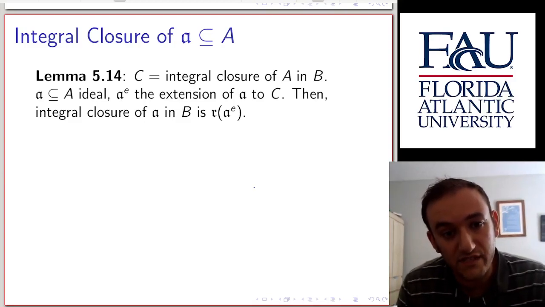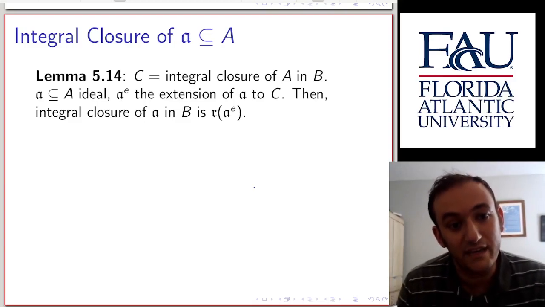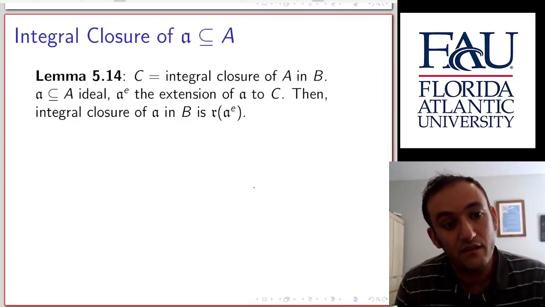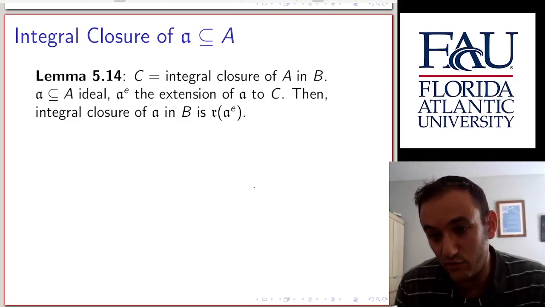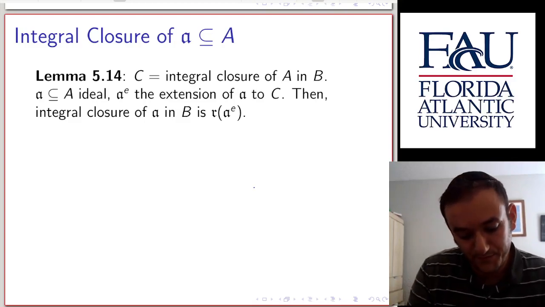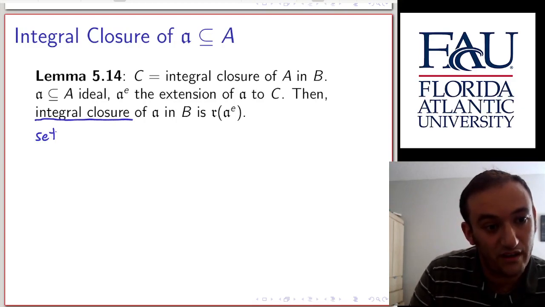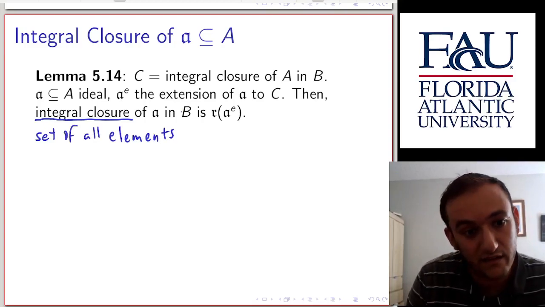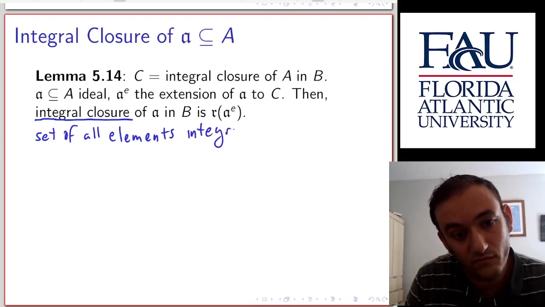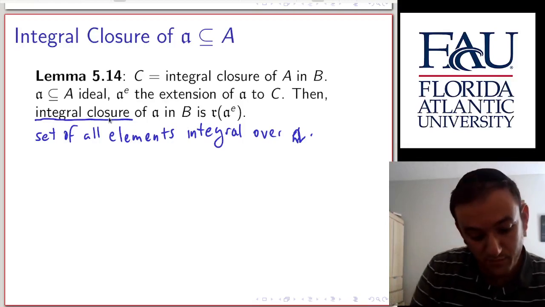So we say that if C is equal to the integral closure of A in B, and A is an ideal, where AE is the extension of A to C, then the integral closure of A in B is the radical of AE, the radical of the extension of A to C. And what we mean by integral closure here is the set of all elements integral over A in the sense of the previous slide.